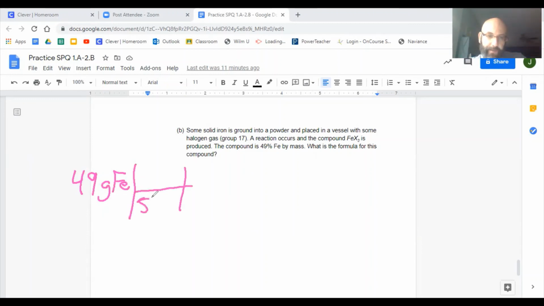All right, well, we can find out how many moles that is. Iron has a molar mass of 55 grams per 1 mole. 49 divided by 55 is 0.8909 moles of iron.